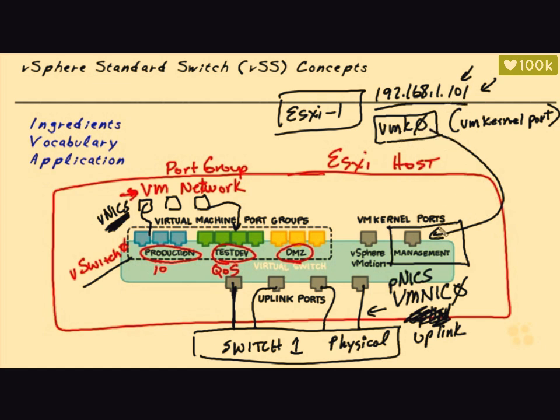And that VM kernel adapter, that VM kernel port, is associated with the switch, which allows it to have communication to the outside world via these uplinks, which are the physical NICs, labeled VMNIC 0, 1, 2, etc. So whenever the ESXi host itself is interacting with the TCP/IP protocol stack, it's going to be logically associating that traffic with one or more VM kernel ports that it uses for that communication. And that can include management protocols going back and forth, for example, between vCenter and this ESXi host.